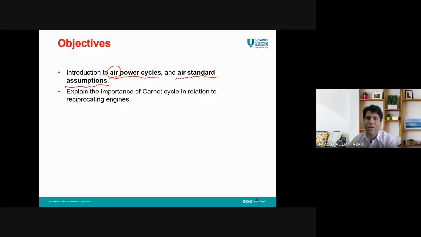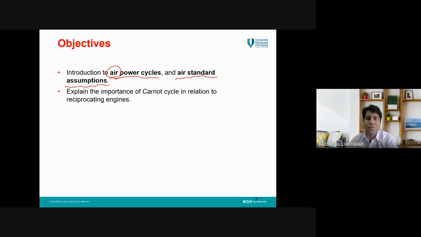Without those assumptions, the problem will be too complex and complicated, and it is not easy for us to solve, so we need to use some assumptions. Here we will introduce a specific type of assumptions which we call air standard assumptions.